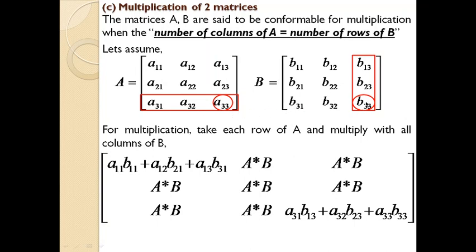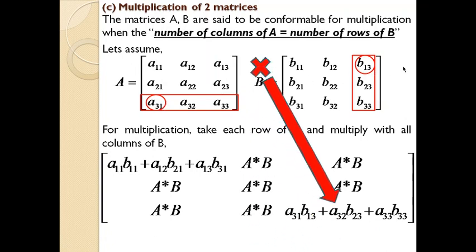Once the row is identified, you need to multiply each item with the corresponding item. So similarly, the first item A31 is the first item in this row. You have to multiply that with the first item in that column, that is B13. When you multiply A31 and B13, you will get A31 into B13.